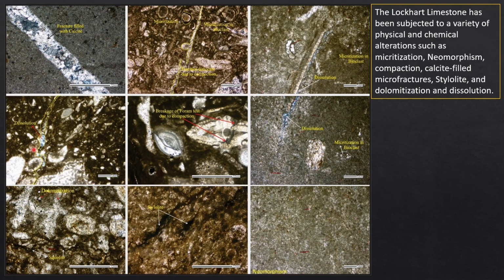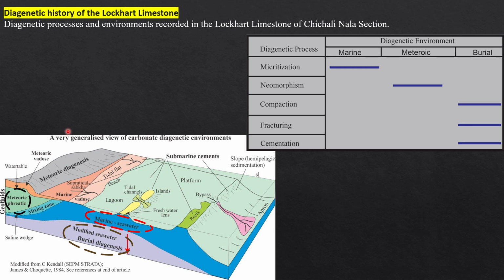We found stylolites, various dolomitization, and dissolution is also present in our thin section. It's known as the post-depositional diagenetic fabric, which is important for porosity. Some diagenetic fabric increases the porosity, some decreases the porosity, which is what the oil and gas industry mostly focuses on. So it also gives the history of diagenesis.